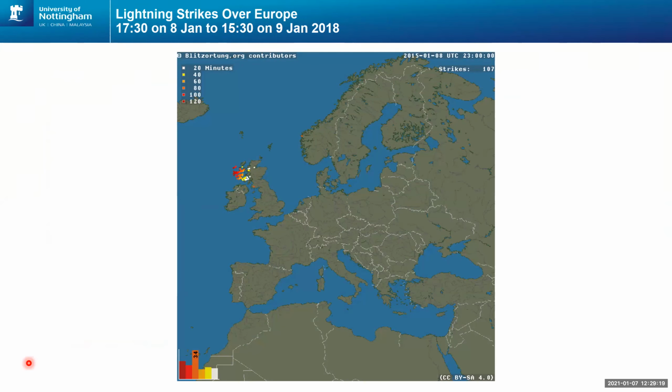Is that associated with thunderstorm activity? Well, if we look at a record of lightning strikes over Northwest Europe during that period and during that storm, we can see this pattern of lightning strikes moving across from Northwest Scotland, through Scotland, across the North Sea and into Germany.